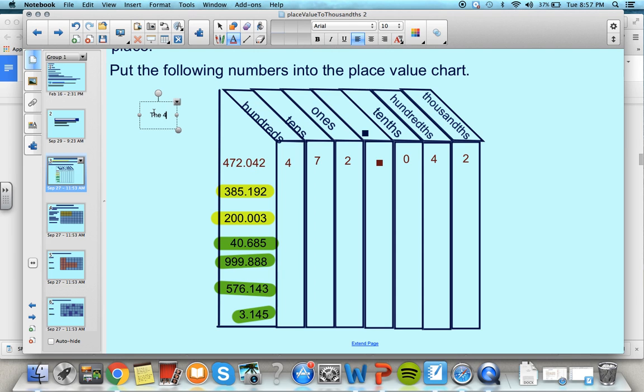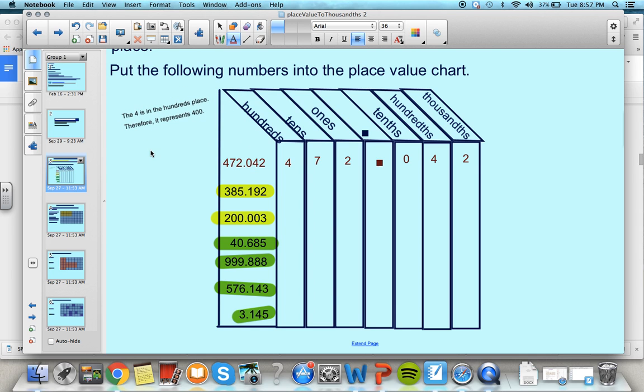The 4 is in the hundreds place, we'll say therefore it represents 400. Let's see if I can move this over. We're just going to move it though.